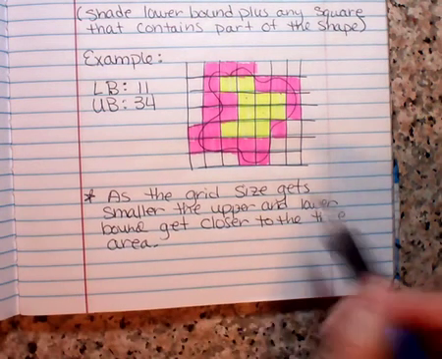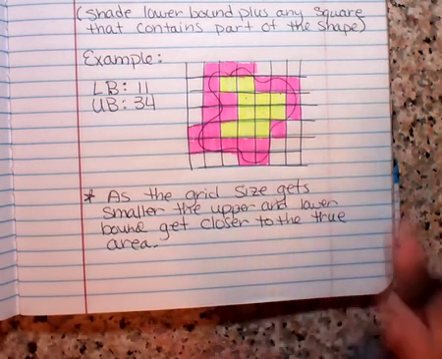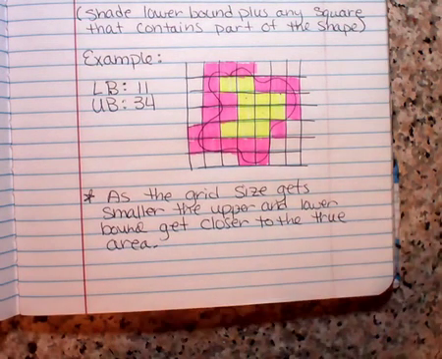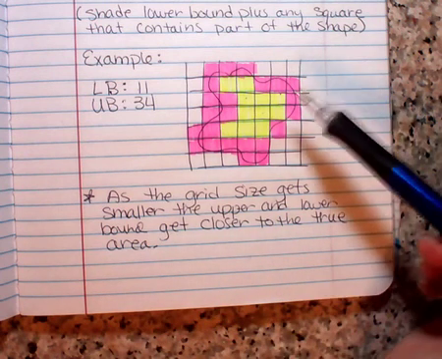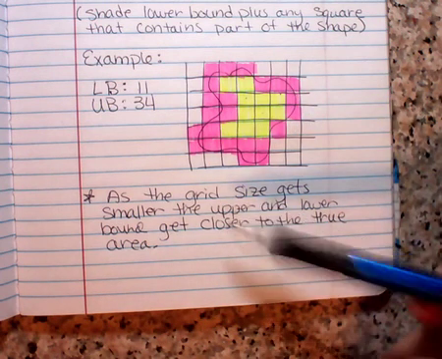So this sort of is a sandwiching effect, that we are pushing our upper bound and lower bound closer together as we decrease our grid size and make those squares smaller.